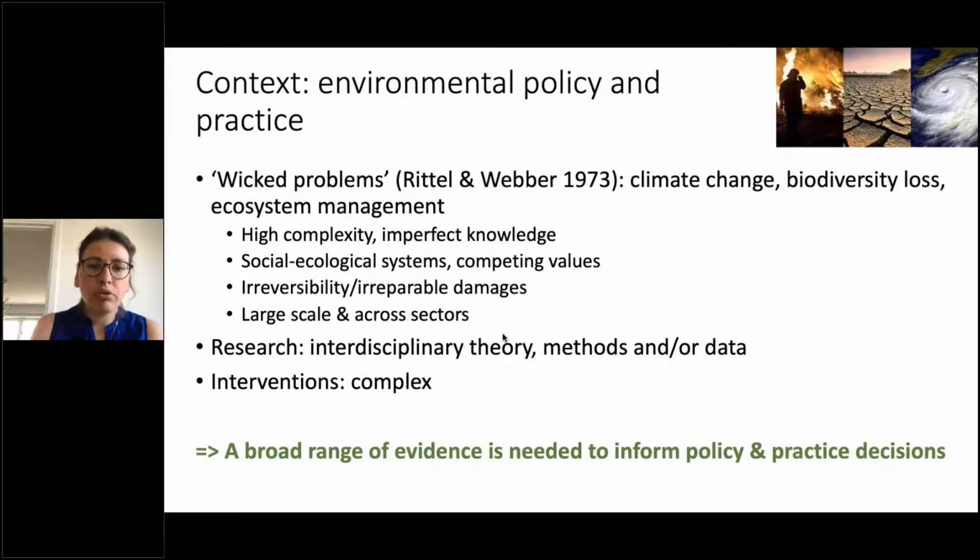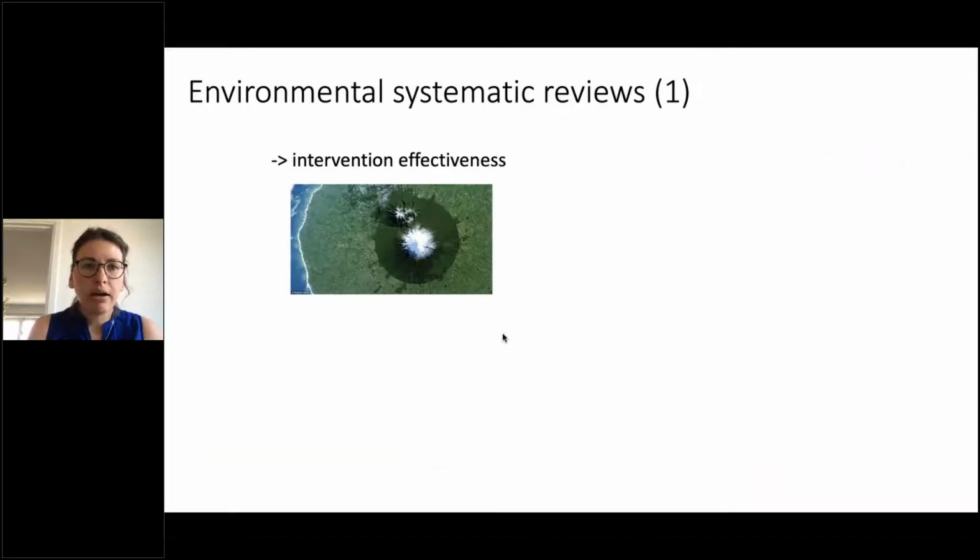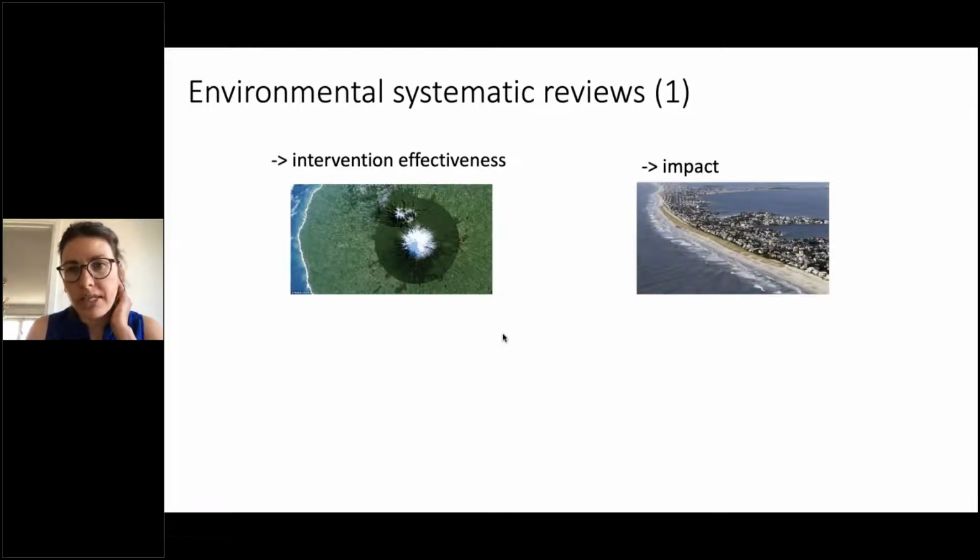And therefore, in order to have a more complete understanding of these issues, and to better inform environmental policy and practice, we often need a broad range of research evidence. Currently, environmental systematic reviews mostly focus on the synthesis of quantitative evidence, looking into intervention effectiveness or the impact of exposure to different human activities.